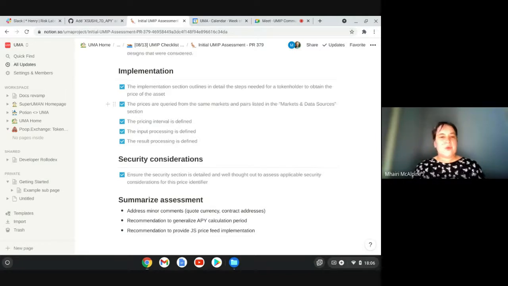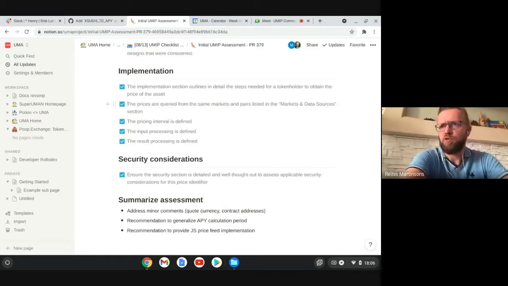And then there's also the recommendation to generalize the APY calculation period. Yeah, this also is product specific and only a recommendation, just in case they might have an idea to use this product for other periods. So instead of making a similar API next time for, let's say, 2 weeks or 1 month's calculation, that parameter could be passed as ancillary data.